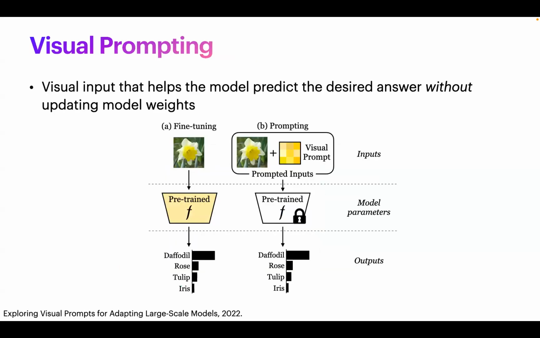Okay. So visual prompting, what we mean by that is doing the same thing for a vision system. We're kind of comparing this to fine-tuning.